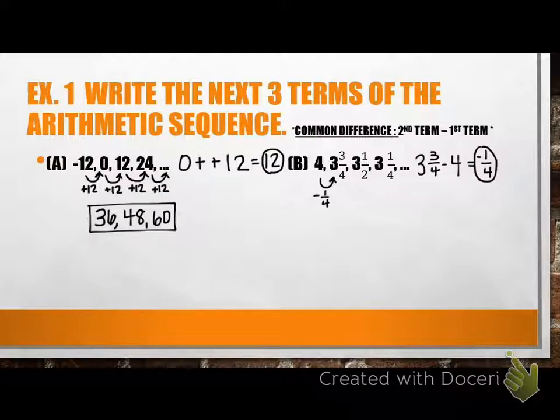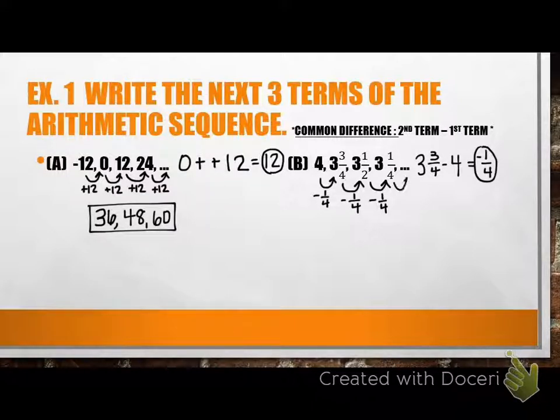So I'm going to have 3 whole pizzas left, and then I'm going to have 3/4 left. So 3 3/4. Okay? Do it again. 3 3/4 minus a fourth. How much does that give me? 3 1/2. Okay? 3 1/2 minus a fourth. What does that give me? 3 1/4. So this is an arithmetic sequence. Subtracting 1/4 works all the way across.